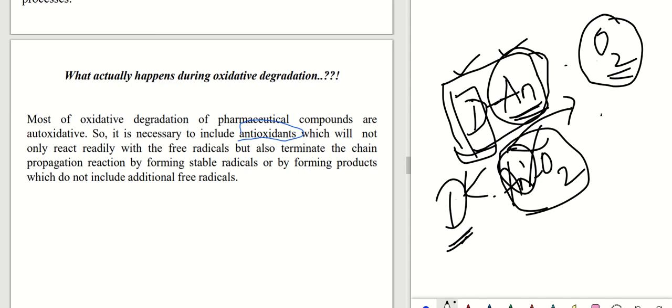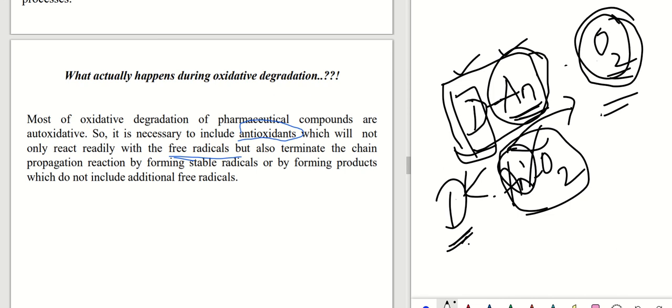It's like sacrificing itself. So this is how an antioxidant actually acts. It takes the first place to get readily attacked by the atmospheric oxygen, reacting with the free radicals of the atmospheric oxygen.